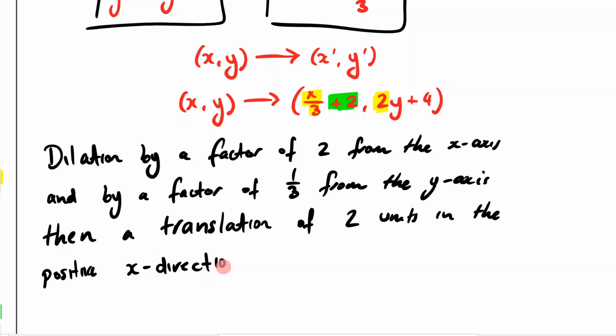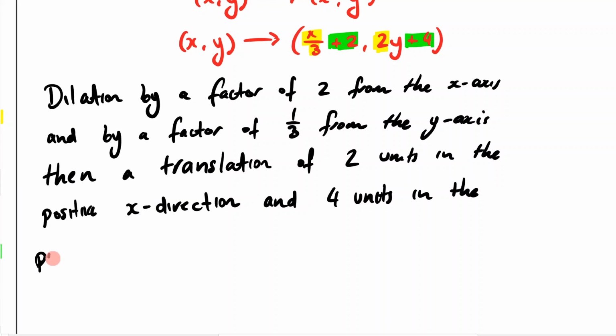And then I read off the other one. Plus 4 here, and 4 units in the, wait for it, positive y direction. And we are done. So as you can see, I followed the sequence correctly.